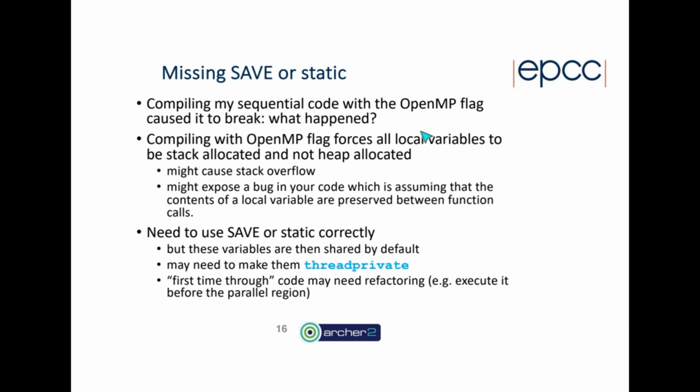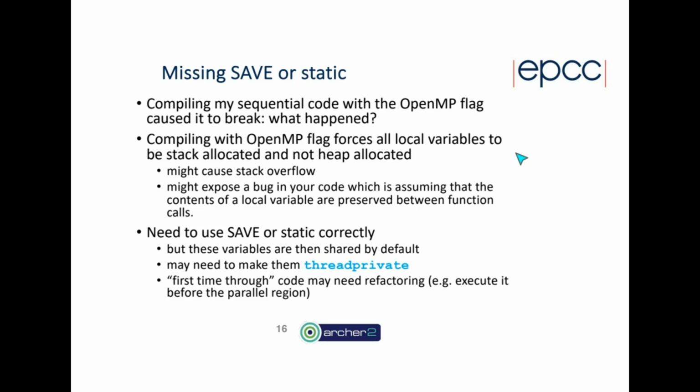What can happen? Well, compiling with the OpenMP flag does something, even to sequential code. One of the things that it does is force all local variables to be stack allocated and not heap allocated.